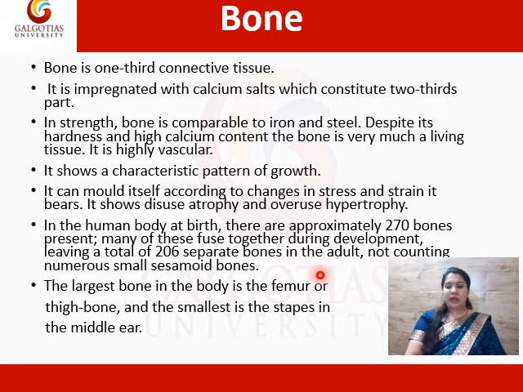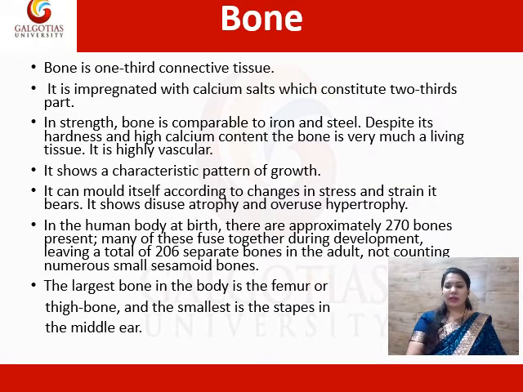The largest bone is the femur, or thigh bone, and the smallest bone is the bone in the middle ear called the stapes. So these are some facts about bone.